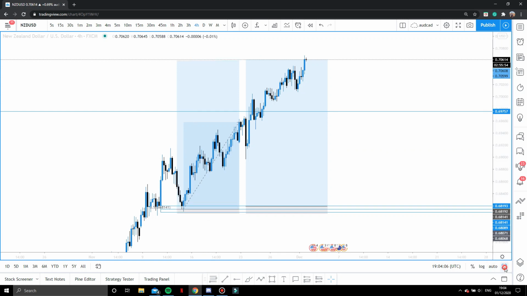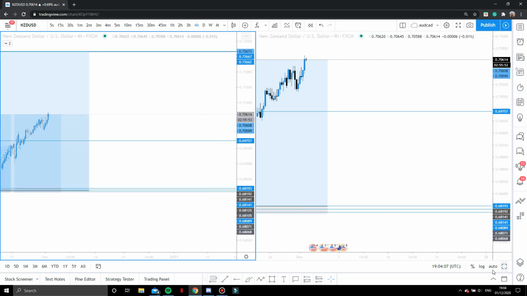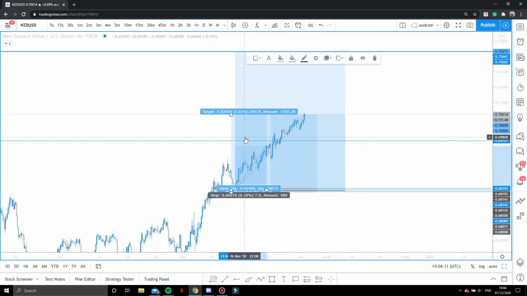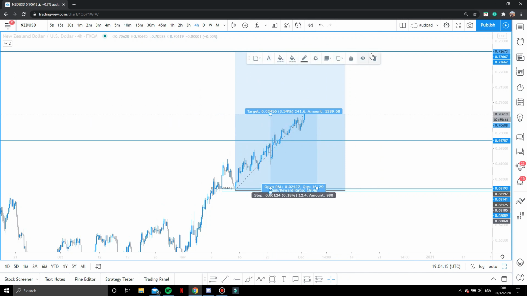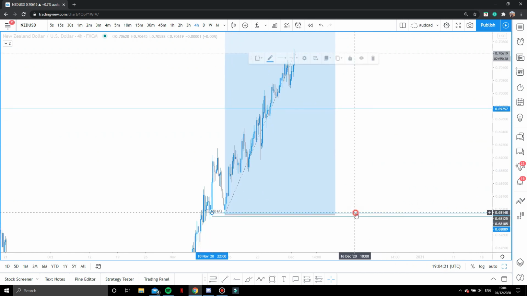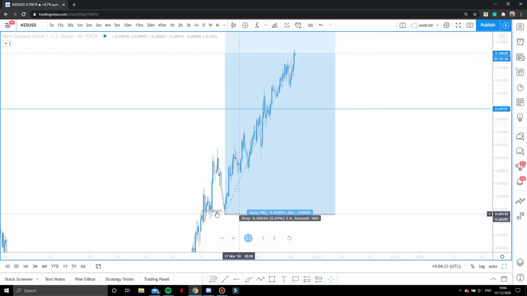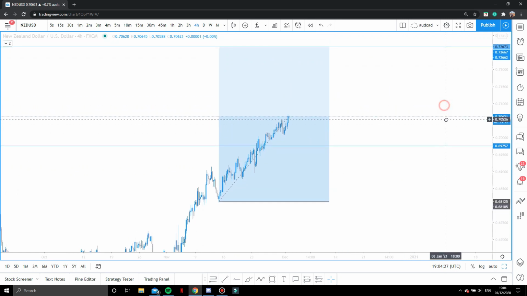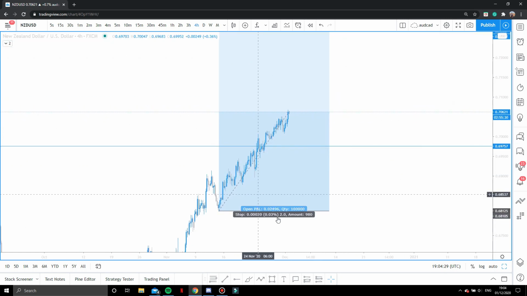Now, if I show you my entry, this is what we teach at Vertex. Let me get rid of what I've just done, that one and this one. So my trade, I didn't realize I made so many marks there. Okay, so my trade's currently running at 130R, and I've got a 2 pip risk to reward.